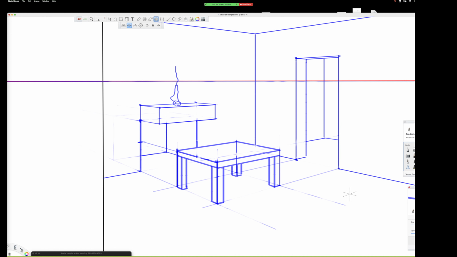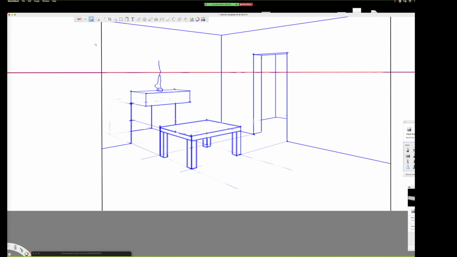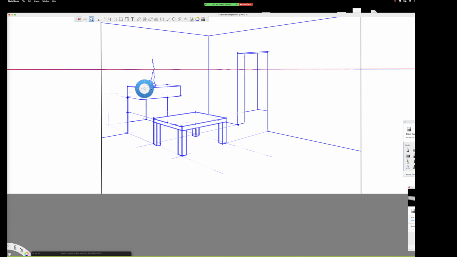Okay. And then we'll make it into a truly opaque table. So we don't need that. Okay.